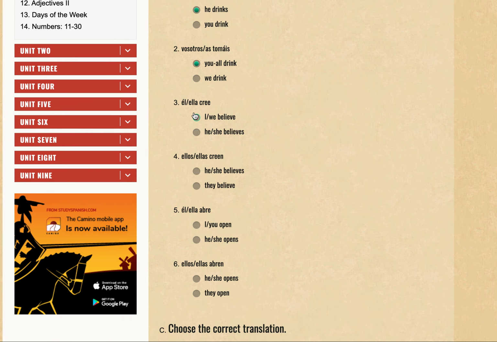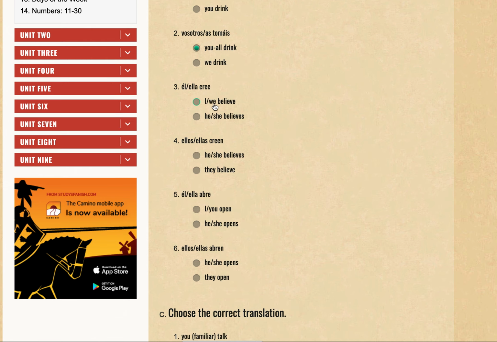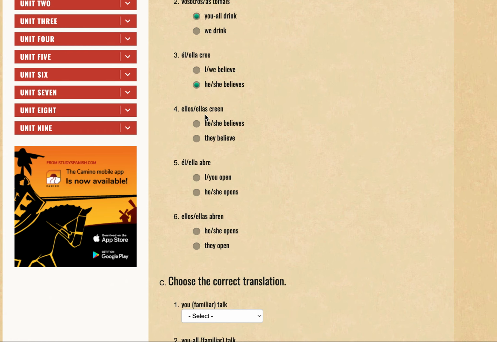Él, ella, cree, which would mean he or she believes. Él is he, ella is she. Ellos, ellas. Again, we have seen that ellos means they masculine, ellas means they feminine. Creen. So let's look at this really carefully.